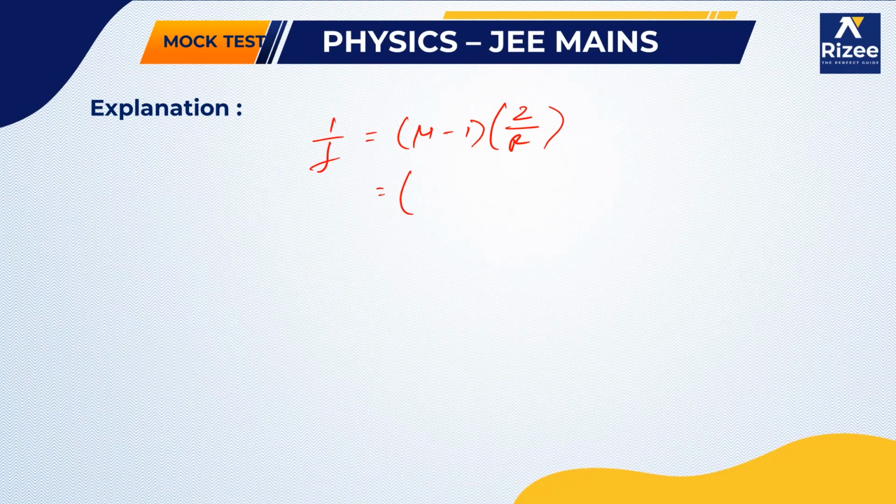From this relationship, mu is equal to 1.25, so 1.25 minus 1 into 2 by the radius of curvature, which is given as 42. Now on solving this, this will be 21. Here 1.25 minus 1 is 0.25, I can write it as 1 by 4 into 1 by 21.